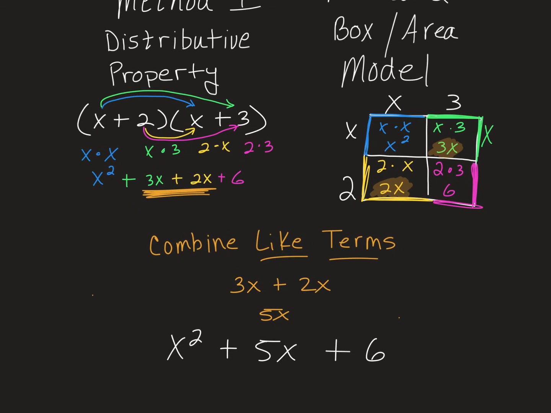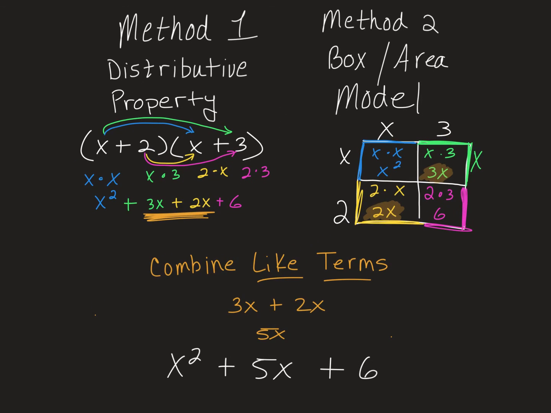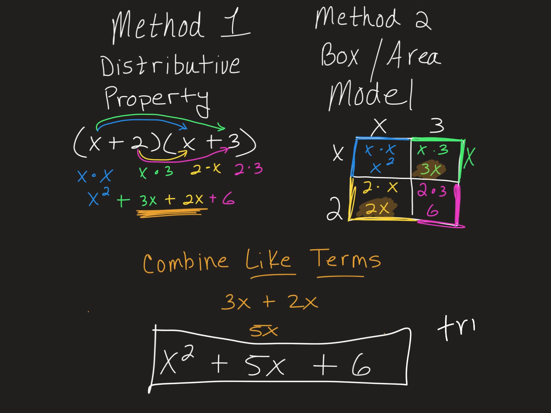So either way that I chose to multiply those 2 binomials together, I ended up with 4 terms by the time I got finished, and then I just needed to combine the 2 like terms so that I ended up with a final product here, which is the 2 middle terms combined, and the x squared and the 6 on either side. So I ended up with something that we call a trinomial, which is going to be really important in the next step.